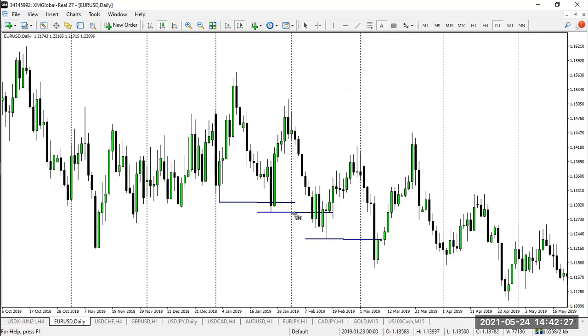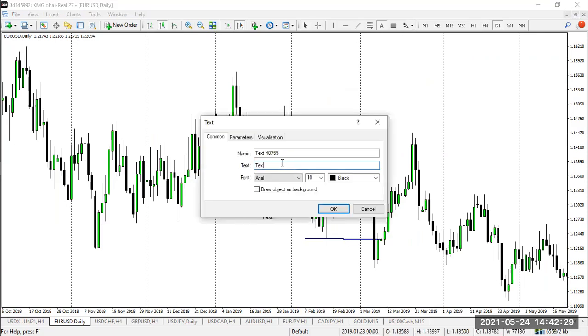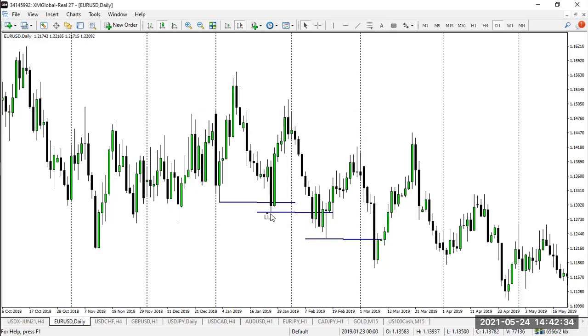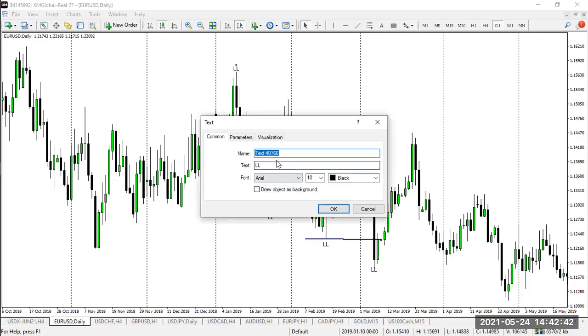So this was the lower low. Also lower low, lower low. Lower high.